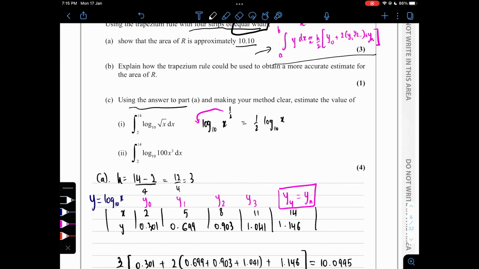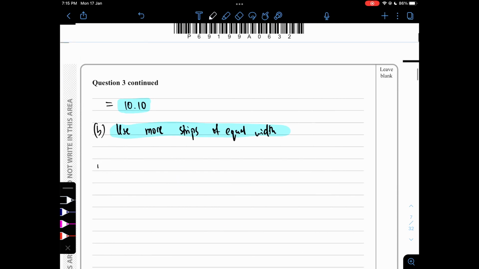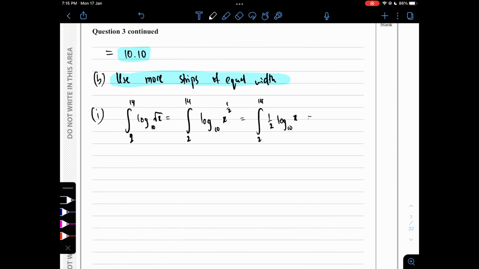So part I is equivalent to what? Let's go down and write it. The integral from 2 to 14 of log base 10 of root x is equivalent to the integral of log base 10 of x to the power of half, which is equivalent to the integral of half log base 10 of x. Half is just a constant, so we can take it out over here.